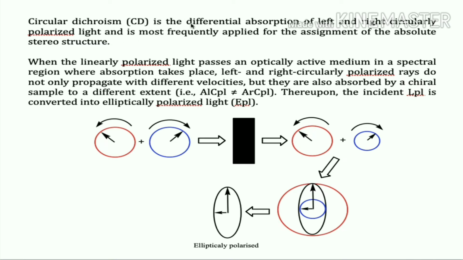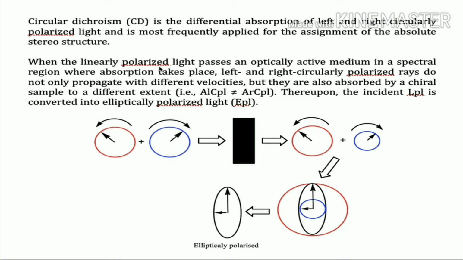Whatever ORD we have discussed, it is relative velocity, so there will be a change in the relative velocity of the left and right circularly polarized light. Here in circular dichroism, there will be differential absorption along with difference in velocity. In this case, velocity also varies, and at the same time, the absorption is also different.